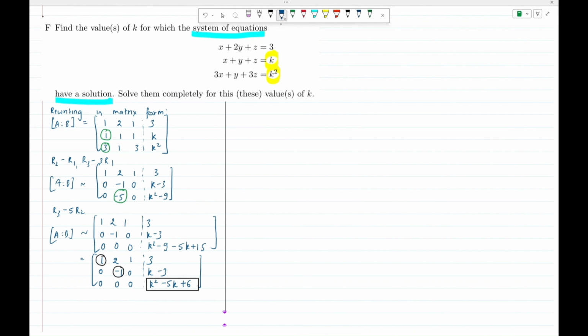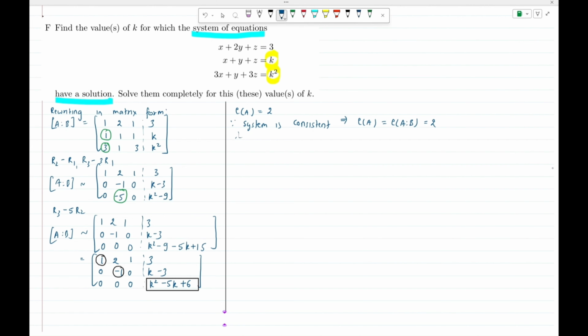Here you can see that rank of A is equal to 2, since A has only 2 pivot elements. And since the system is consistent, this gives us that rank of A and rank of A augmented B must be same. In this case, it must be 2.